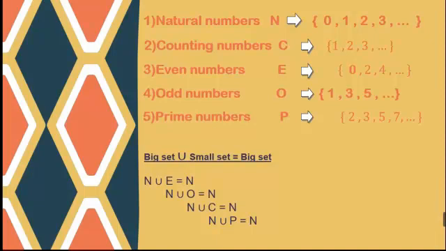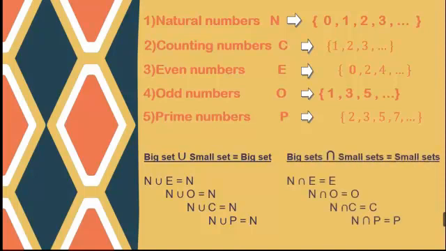What about intersecting? If I ask you about the intersecting between the big set and the small set, the big set is the mother, the small set is the baby. The intersecting between them will always be the small set. So what about the set of natural numbers intersecting with the set of even numbers?